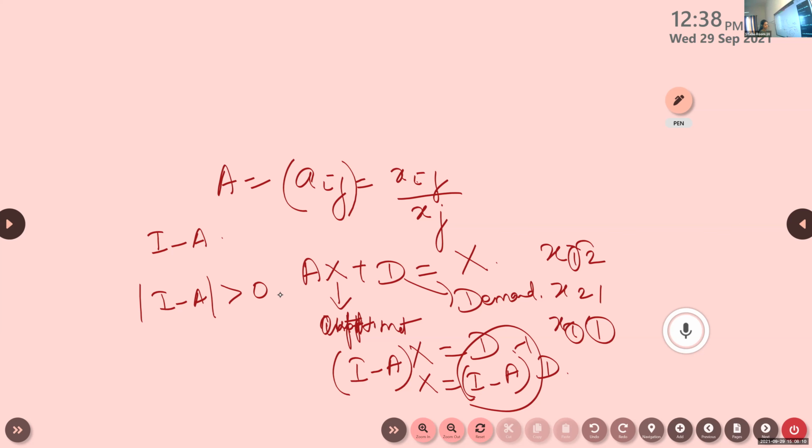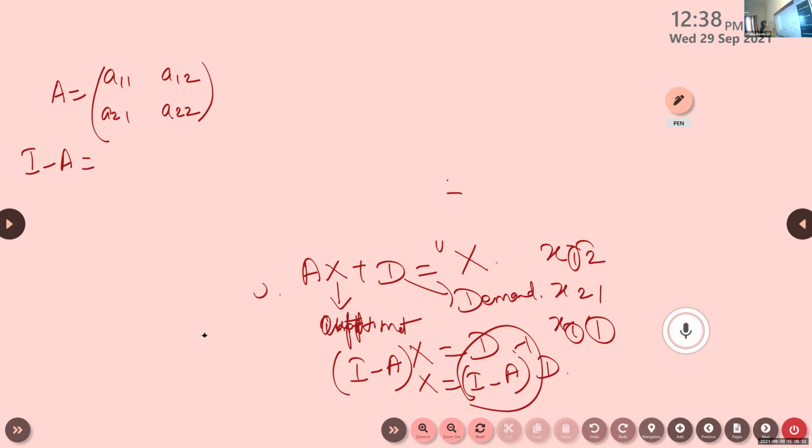That means the diagonal elements will be 1 minus A11. Suppose it is a 2 by 2 matrix, you will get A11, A12, A21, A22. So it will be I minus A, where I is the identity matrix of order 2. So you'll get 1 minus A11, minus A12, minus A21, 1 minus A22.